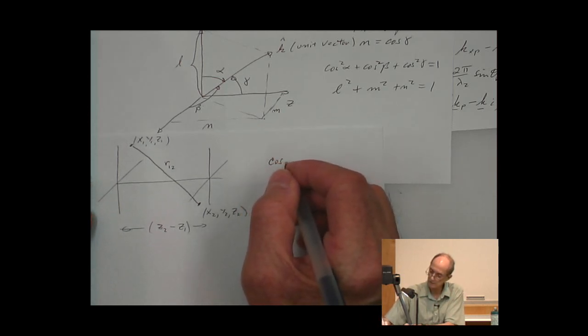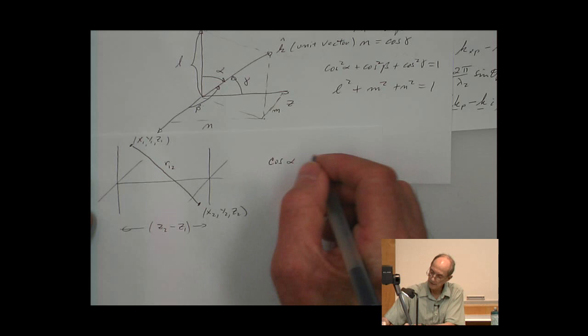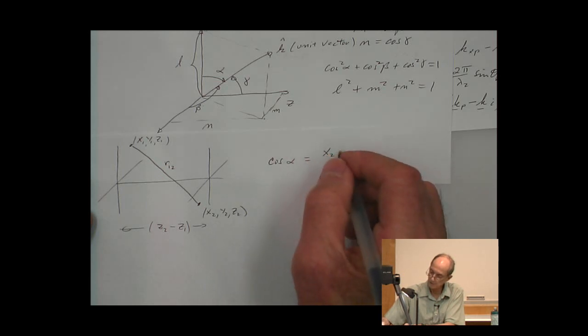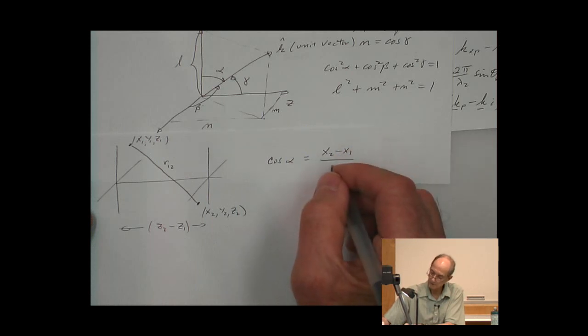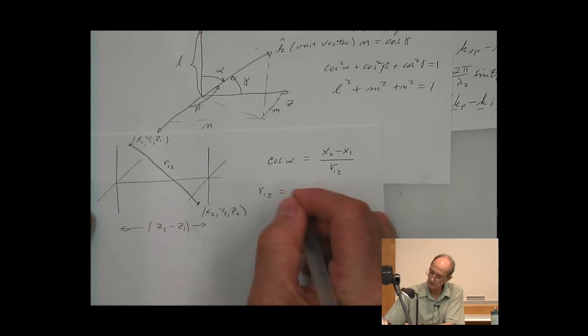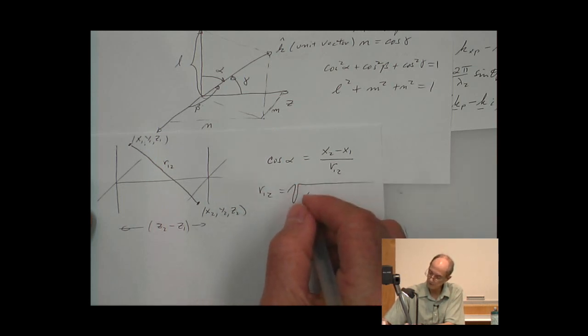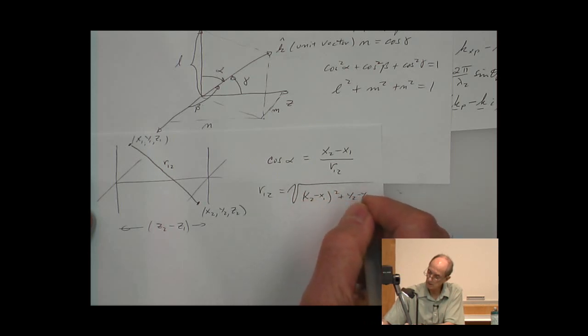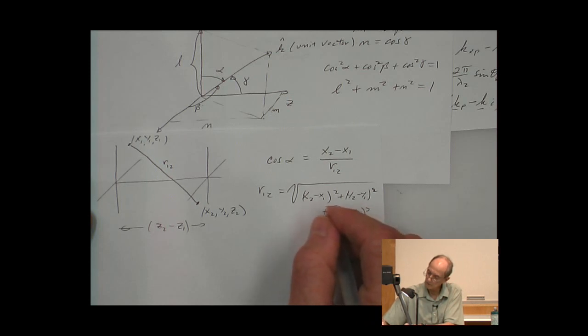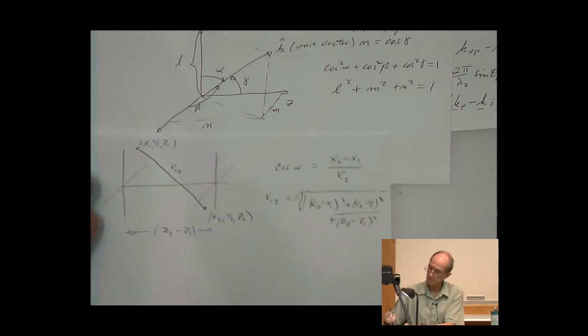For instance, cosine of alpha is just equal to x2 minus x1 divided by this distance r12, and that r12 is equal to the square root of (x2 minus x1) squared plus (y2 minus y1) squared plus (z2 minus z1) squared, all under that radical.